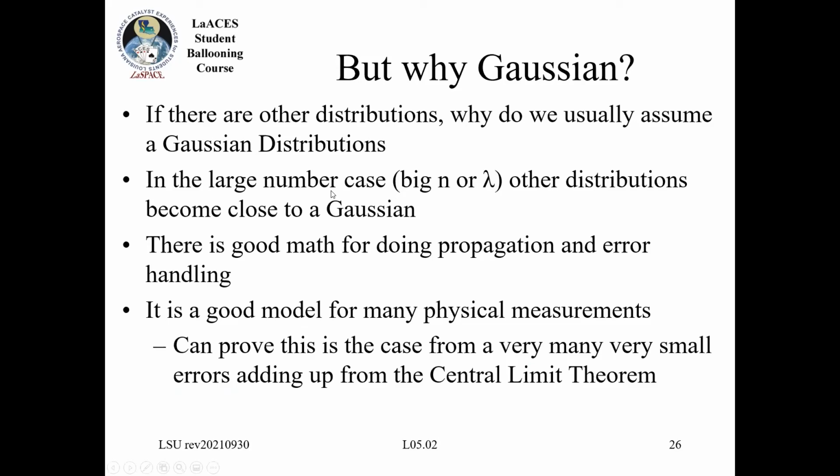So one thing that I've mentioned without justifying is, we usually just assume it's a Gaussian distribution. Well, why would we assume a Gaussian distribution?